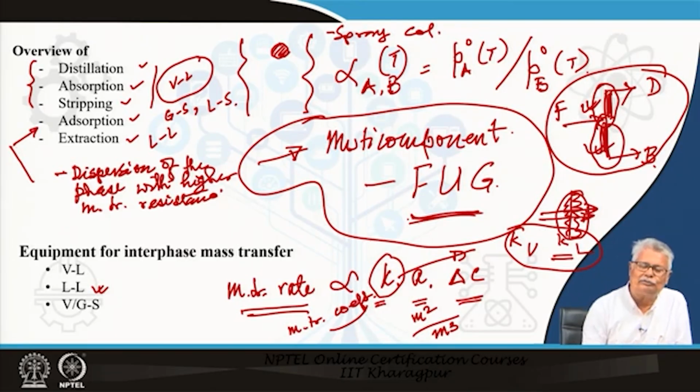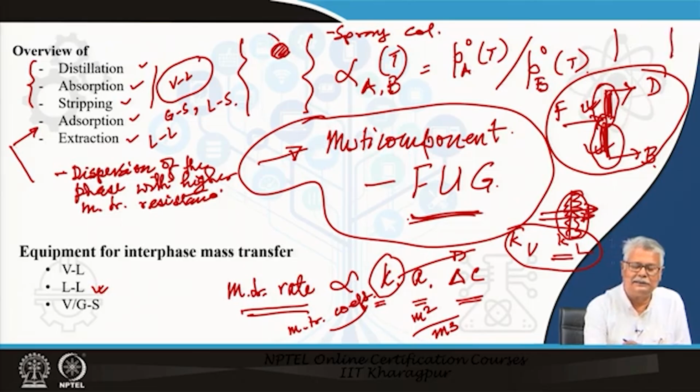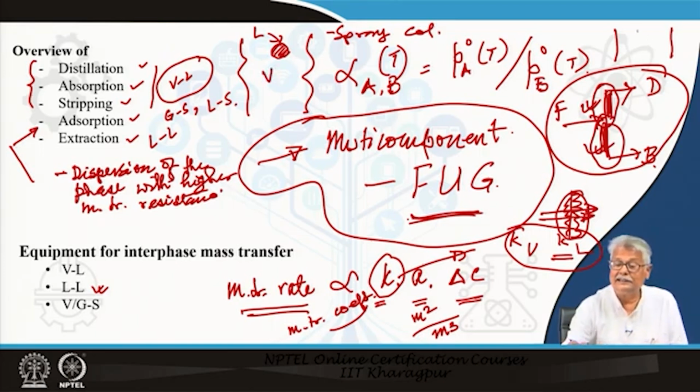Similarly, you could have gone for a bubble column also. In case of a bubble column, what do you have? You have a continuous medium. This one is liquid and this is your vapor or gas, whatever you may call. You will have a continuous medium of liquid and a bubble which is rising up through the liquid medium. So, this is a vapor bubble.